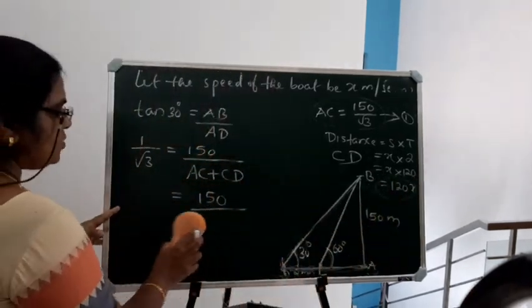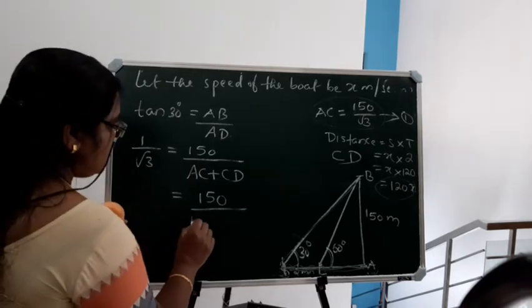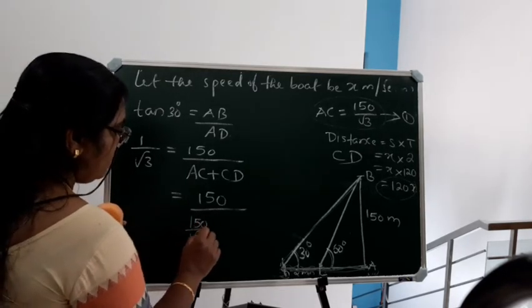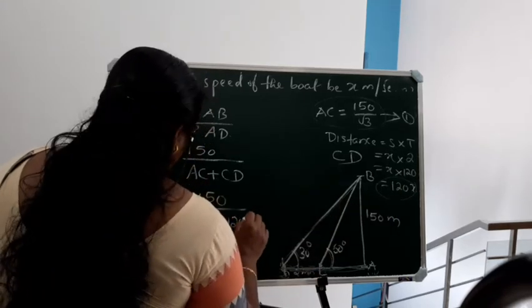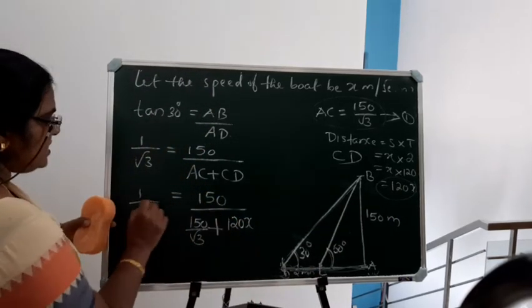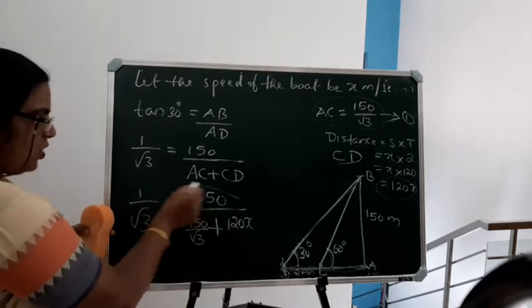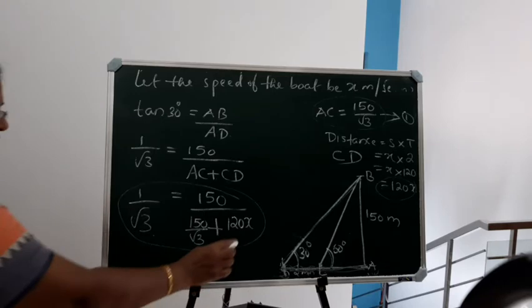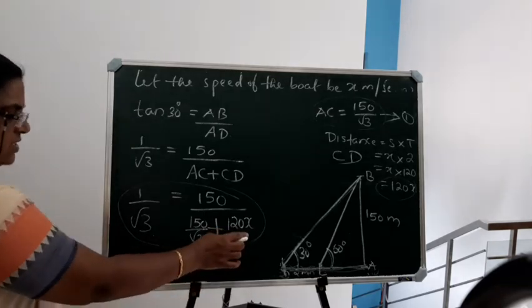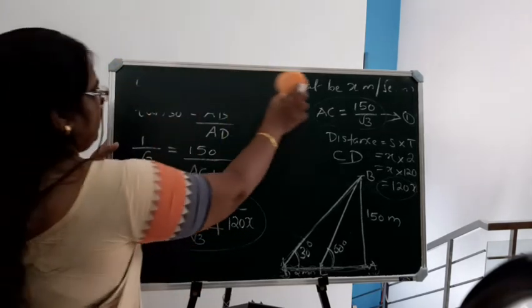So we substitute AC and CD: 1 by root 3 equals 150 divided by (150 divided by root 3 plus 120x). Solve this for x. Here only one variable x is there, and x is the speed of this boat. So we can solve this and we get x.